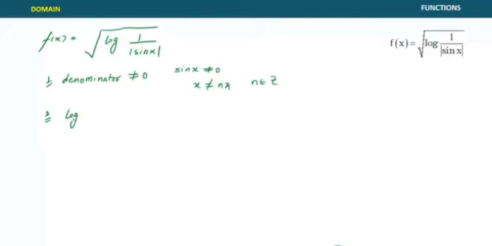Second is the log. Log says the input should be positive. What is the input here? Can you tell me what is the input? So input for log is 1 by mod sin x. So what do you mean by a modulus function?